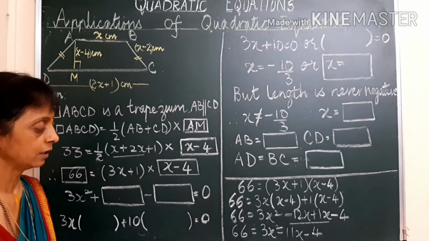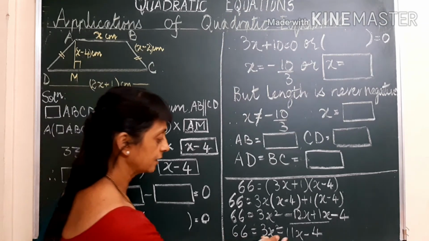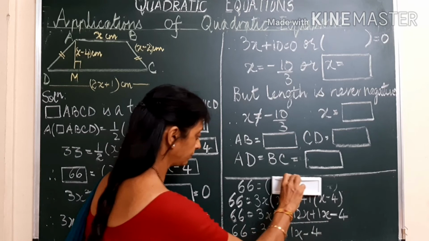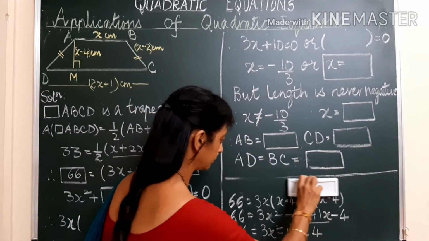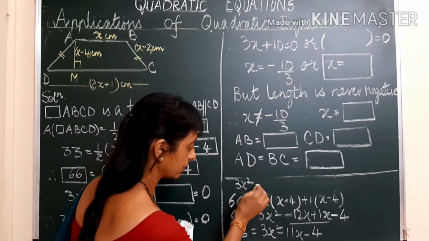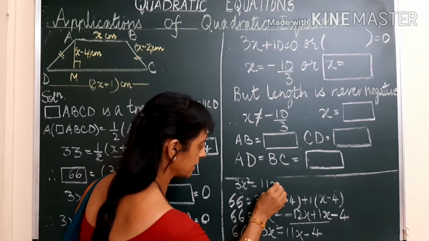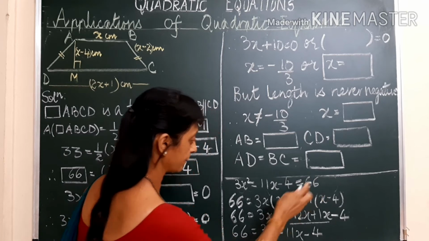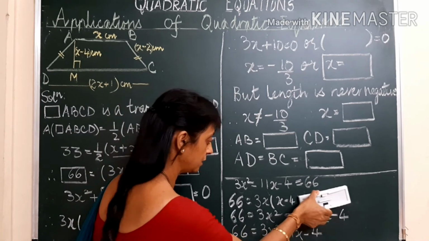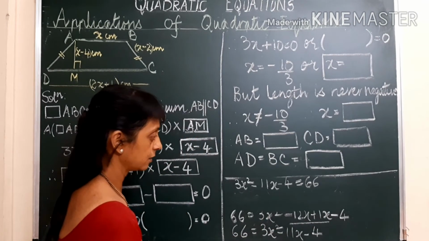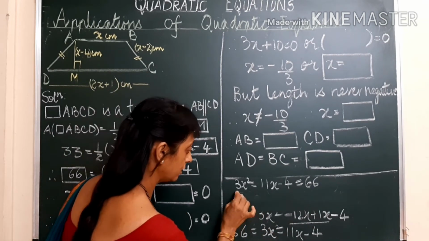Now, children, let's transfer the terms. So, what do we get? Therefore, 3x squared minus 11x minus 4 is equal to 66. Let's move on further. Take 66 to the other side.